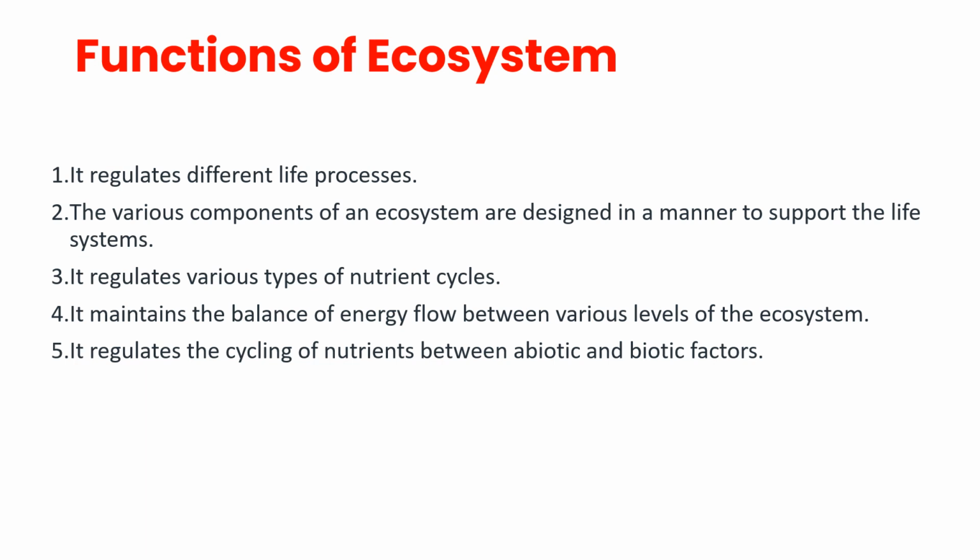The energy captured from the sun flows from producers to consumers, then to decomposers and finally back to the environment. Decomposition is the process of breakdown of dead organic matter in which nutrients are released, thus helping in recycling of nutrients. It also helps in maintaining a balance in the ecosystem.